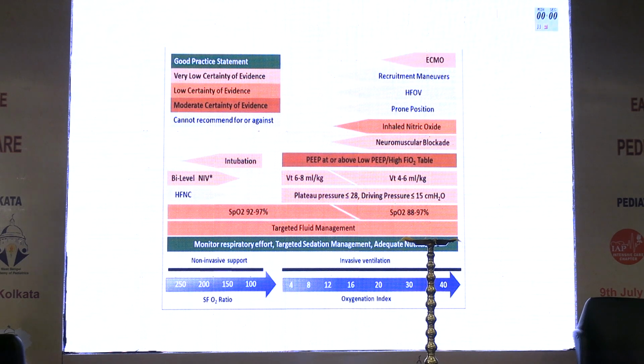Once the patient is intubated, you have to stratify your patient accordingly, with tidal volume 6 to 8 ml, low tidal volume only when the pressures, the driving pressure or the plateau pressure, go above the limits. There is no evidence or very low evidence for inhaled nitric oxide and neuromuscular blockade.